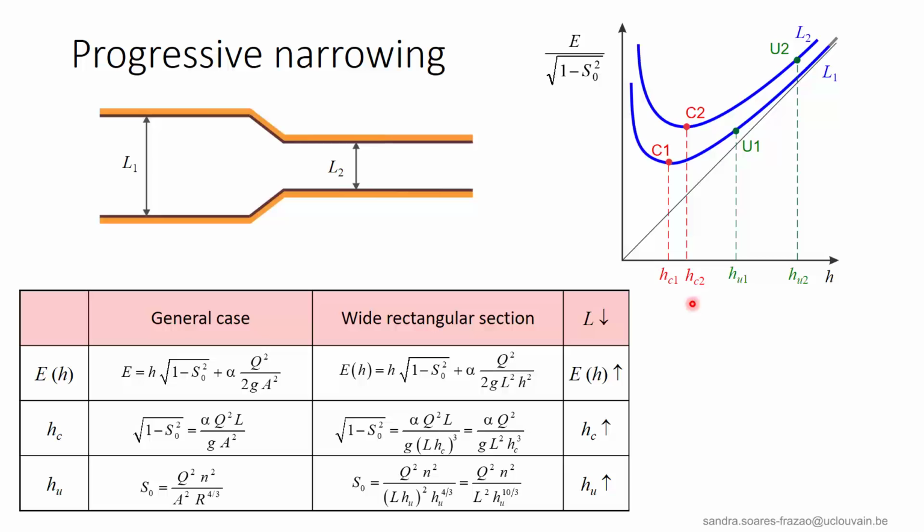We can draw the same conclusion for the normal depth. HU2, corresponding to L2, is larger than HU1. So, when the channel width decreases, the normal and critical depths increase. The analysis was illustrated here for a mild slope channel, but it is also valid for steep slope channels.